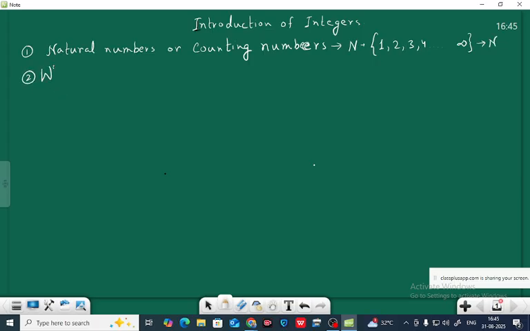What are whole numbers? The collection of natural numbers along with 0 is called the set of whole numbers.